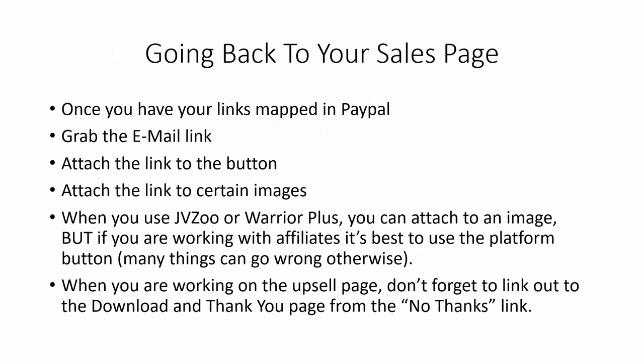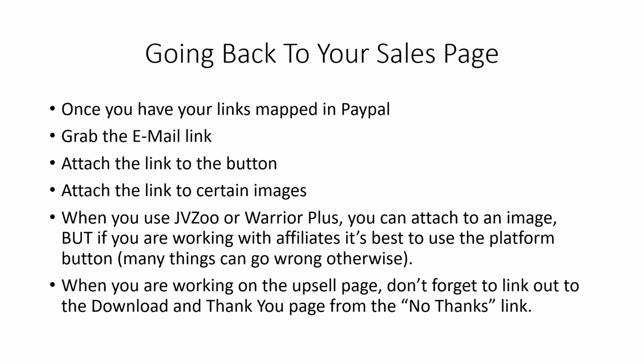Okay, and just briefly, I just want to kind of talk you through this process. We have this email link, right, that we picked up, and so we're going to go back and link it to the button on the sales page, right? And I just want to kind of say this: if you decide to use JVZoo Warrior Plus, I'm going to suggest that you don't try to use those links with your own button. I know people do it.